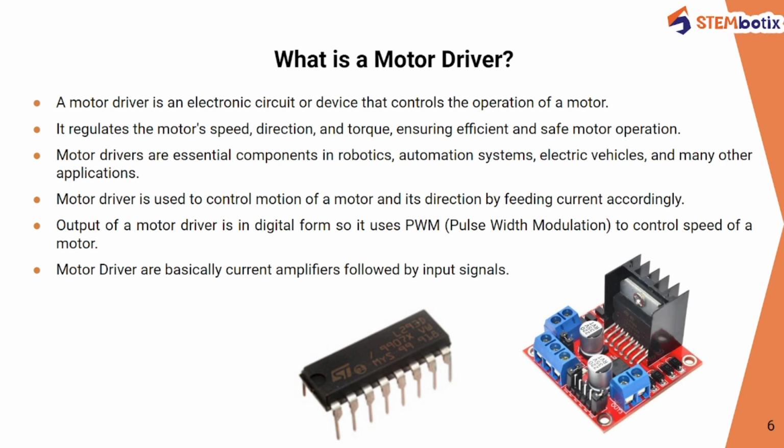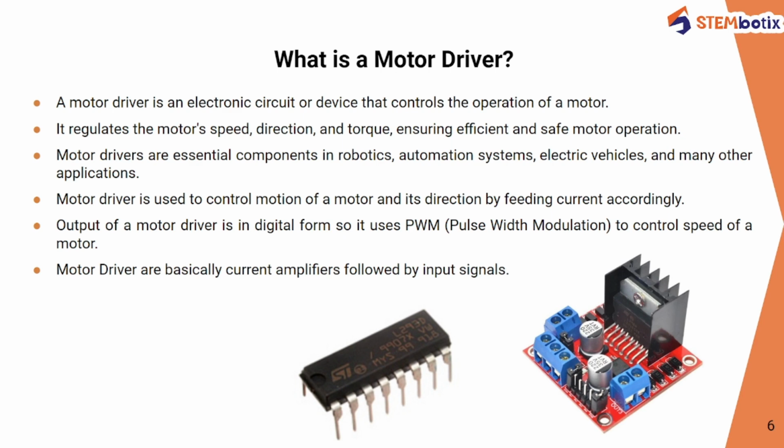Motor drivers are essential components in robotics, automation systems, electric vehicles and many other applications, because in these particular areas we need to control the motor's speed, its direction, its torque with maximum efficiency and safety. A motor driver is used to control the motion of a motor and its direction by feeding current accordingly.